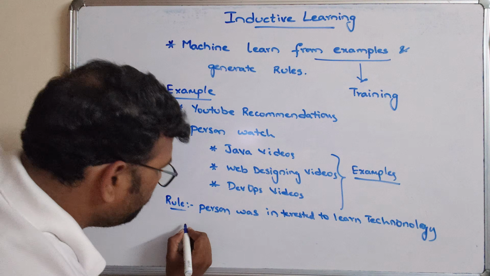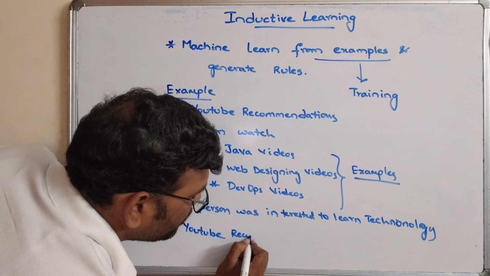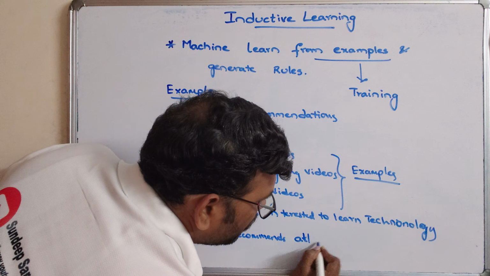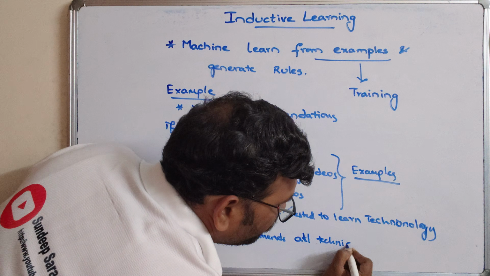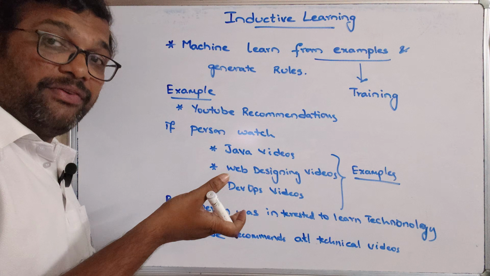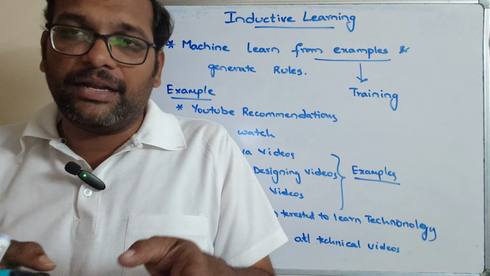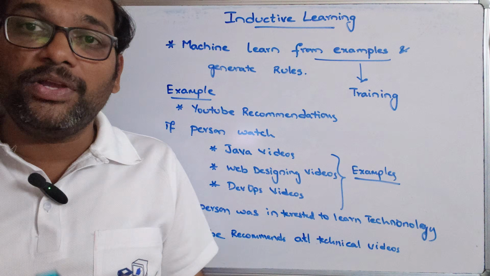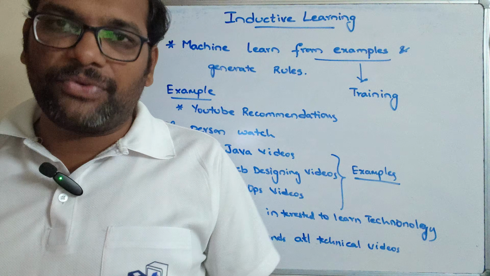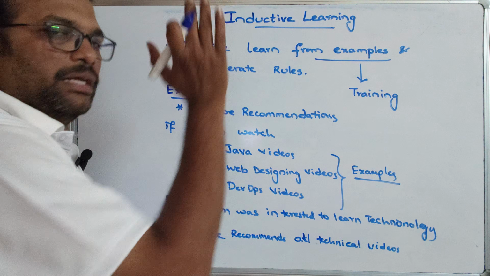So immediately YouTube recommends all technical videos to that person. The same thing happens on YouTube: if you watch any content, from the next time YouTube will recommend the same category of content to that person. That is called inductive learning.